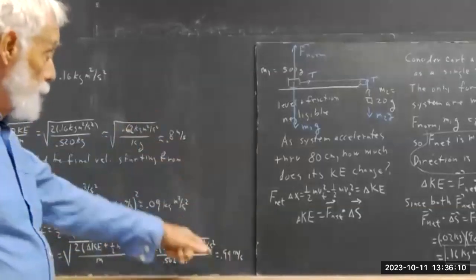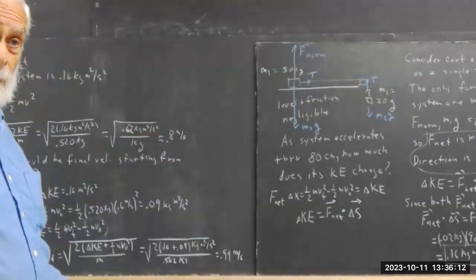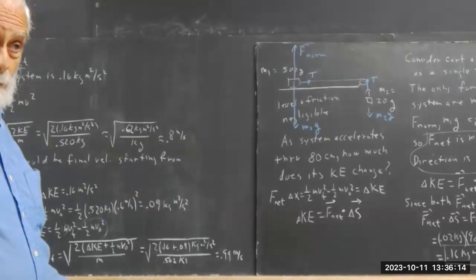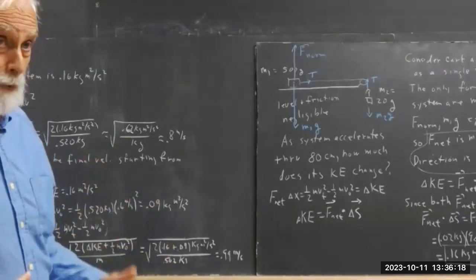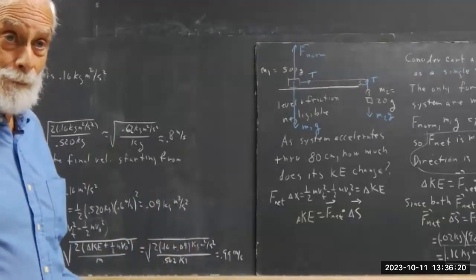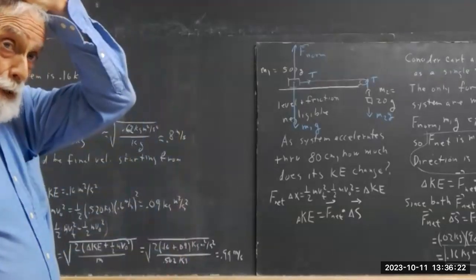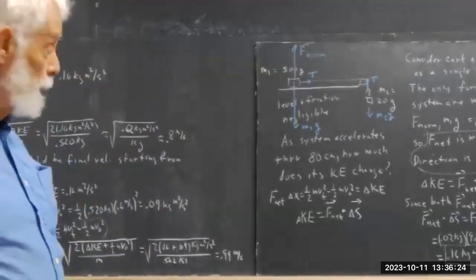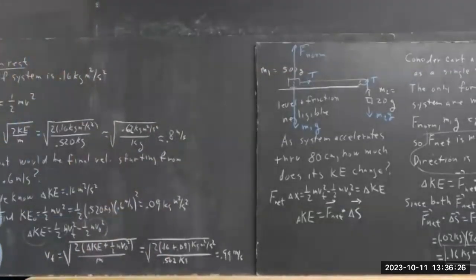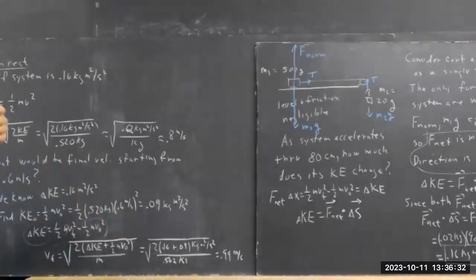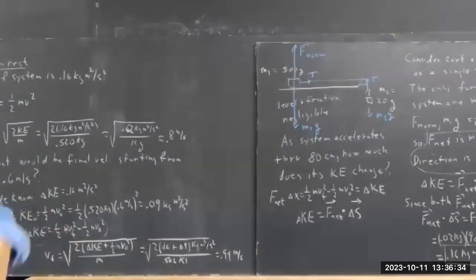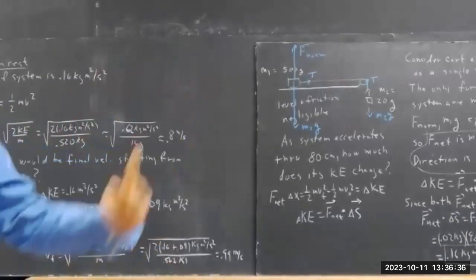We added 20 centimeters per second to the final velocity by adding 60 centimeters per second to the initial velocity. Does that seem right? Well, it doesn't seem right if you think everything's linear, but we got all these squares and square roots running around, right? Okay. And the kinetic energy is not proportional to velocity, it's proportional to velocity squared.